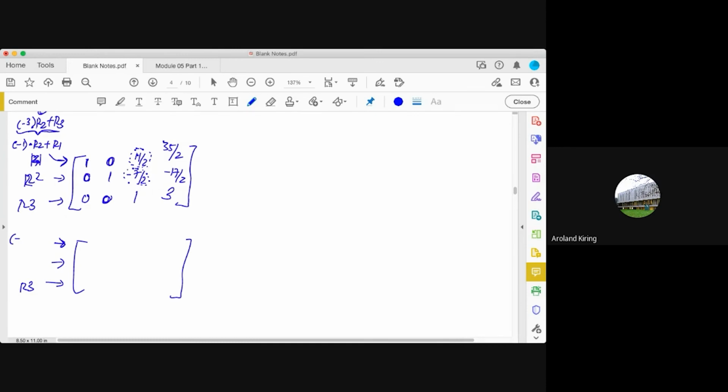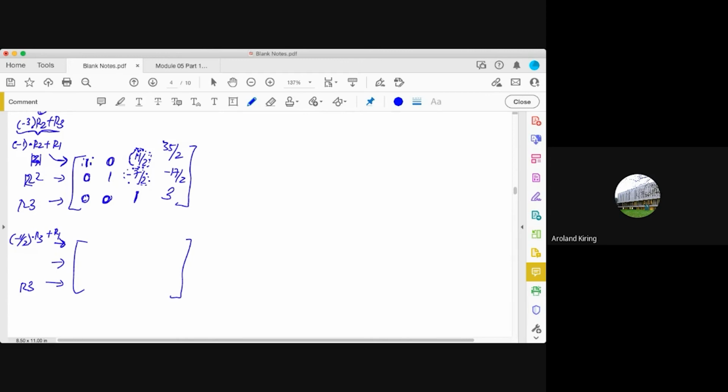negative 11 over 2 multiply with row 3 plus row 1. Okay, because this is 1, this is 0. So if this one we change to negative 11 over 2, then we can change this to become 0 without affecting this 1 and 0.